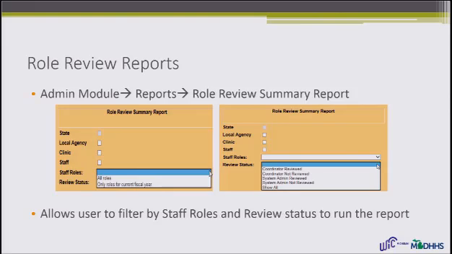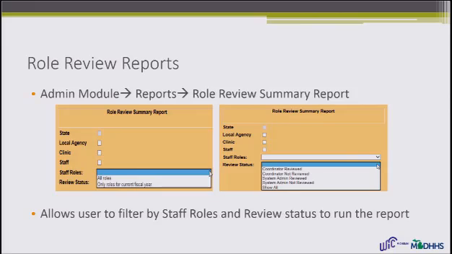A few reports that have been modified or added for the role review process are, first, the role review summary report, which will allow the user to run reports by selecting several filters individually.